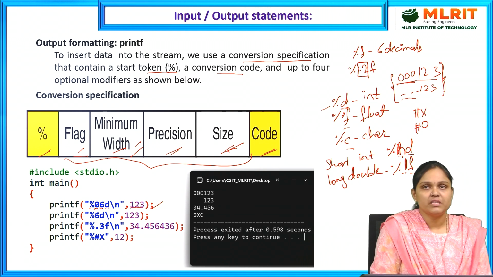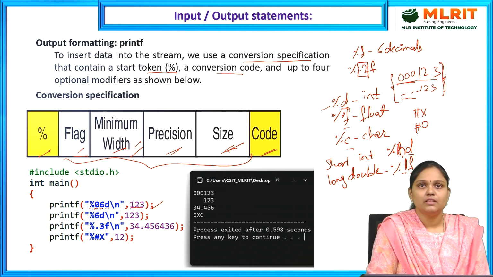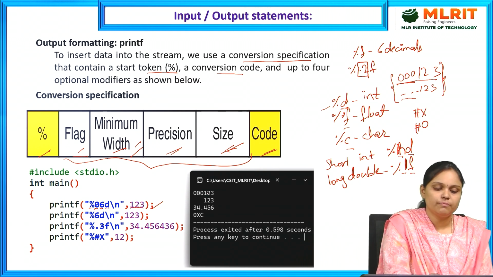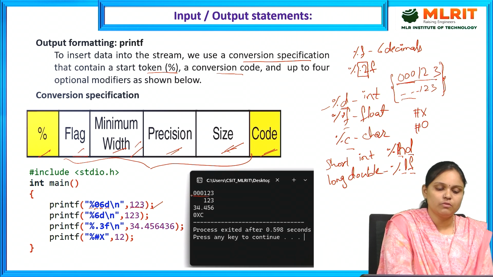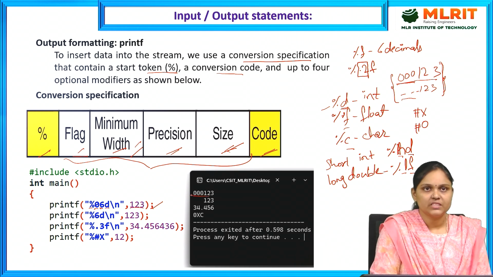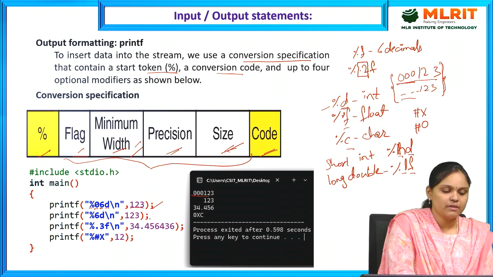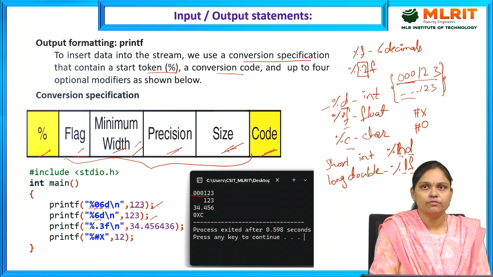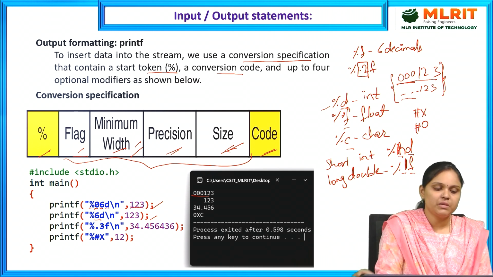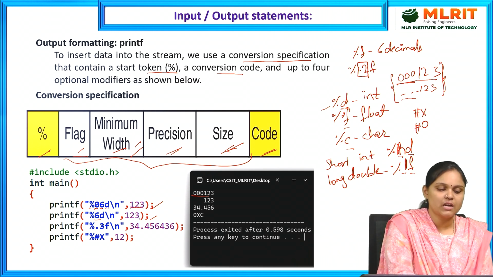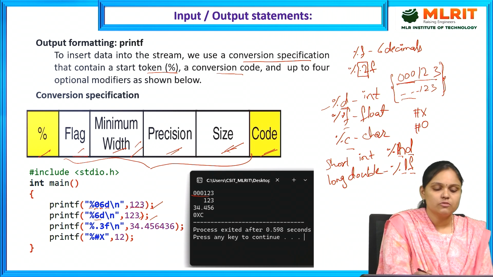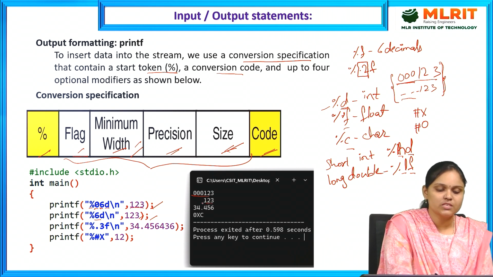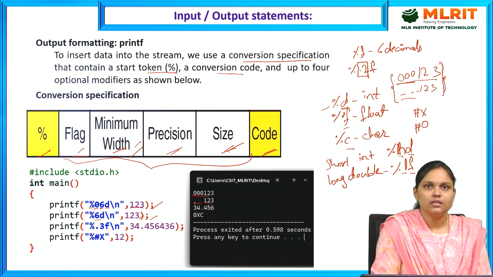Before the 6 we have mentioned 0, which means before 123 we want zeros. In the next statement we didn't use any kind of flag, only 6. If you are not using any flag, it will automatically take spaces. We have given the minimum of 6 digits, but we have only a 3-digit number, so before it 3 spaces are given.